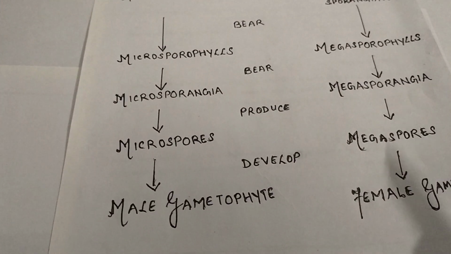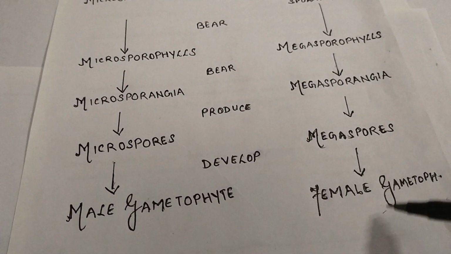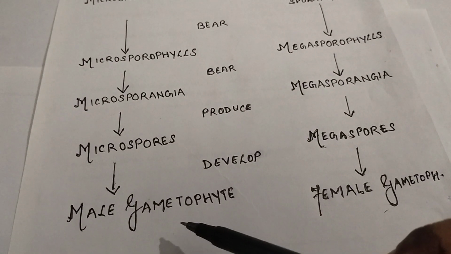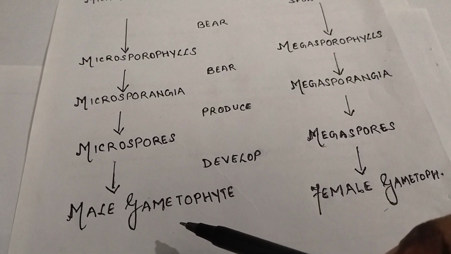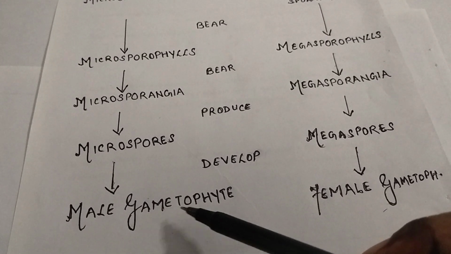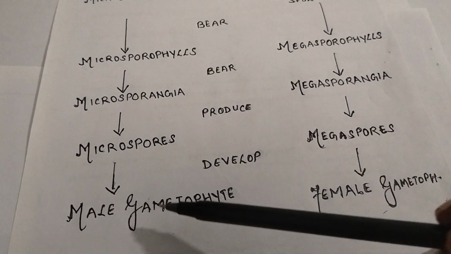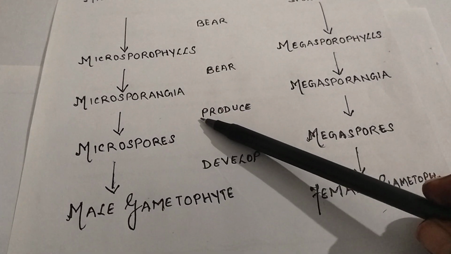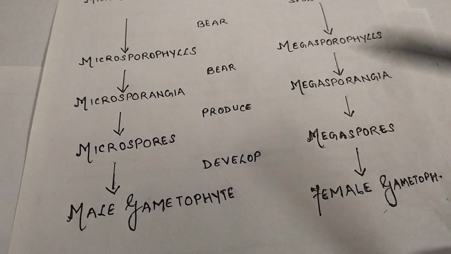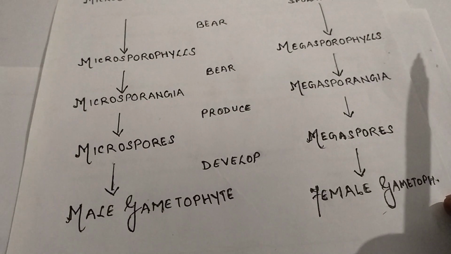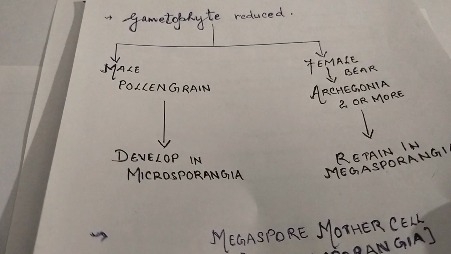Okay, and the female gametophyte bears the archegonia, that is the female sex organs. Now what happens? The pollen grain is released from the microsporangium. It is developing inside the microsporangia, so it will be released from the microsporangia. And this male gamete, that is what? Pollen grain, will travel to the what?